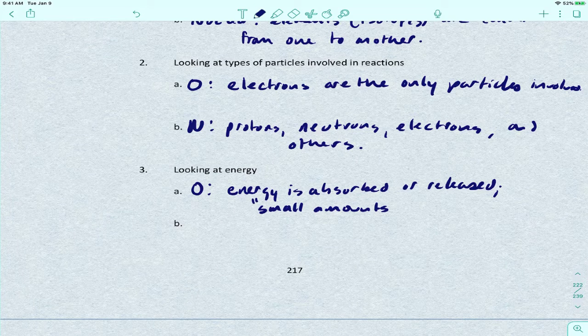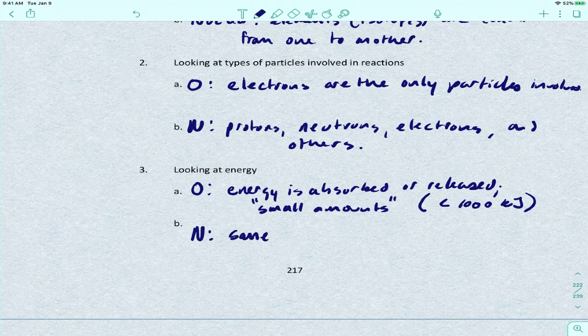I'm putting small amounts in quotation marks, because usually we're not dealing with anything really major. Usually the energies that we're dealing with in our chemical reactions are within 1,000 kilojoules or less. The reactions that we've looked at so far haven't generated a whole lot of energy beyond 1,000 kilojoules.